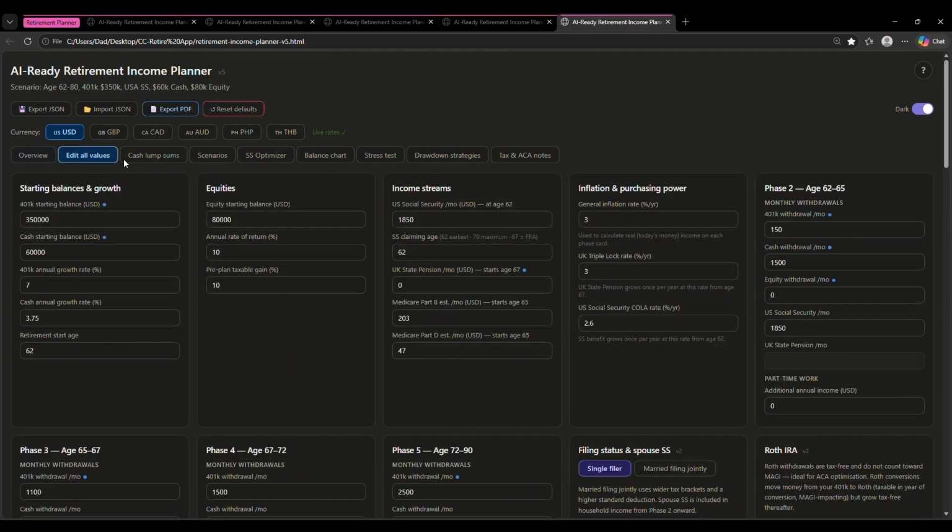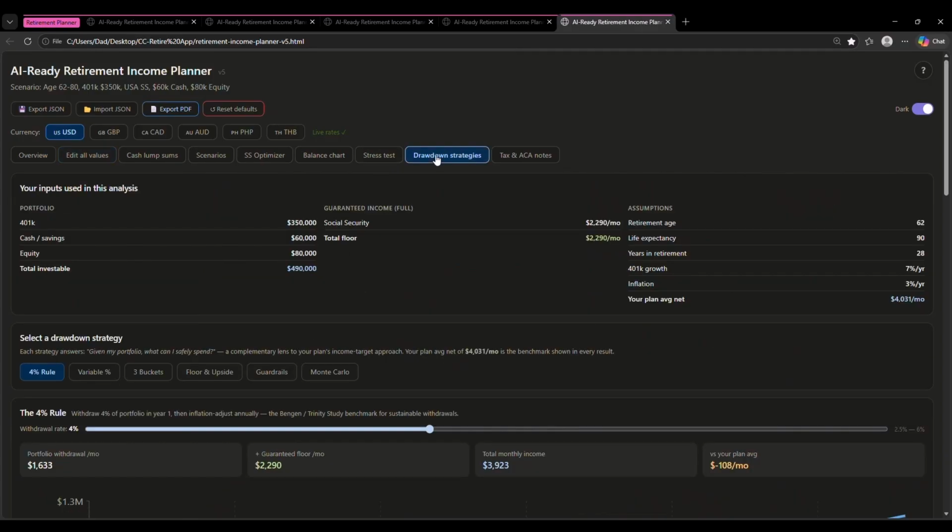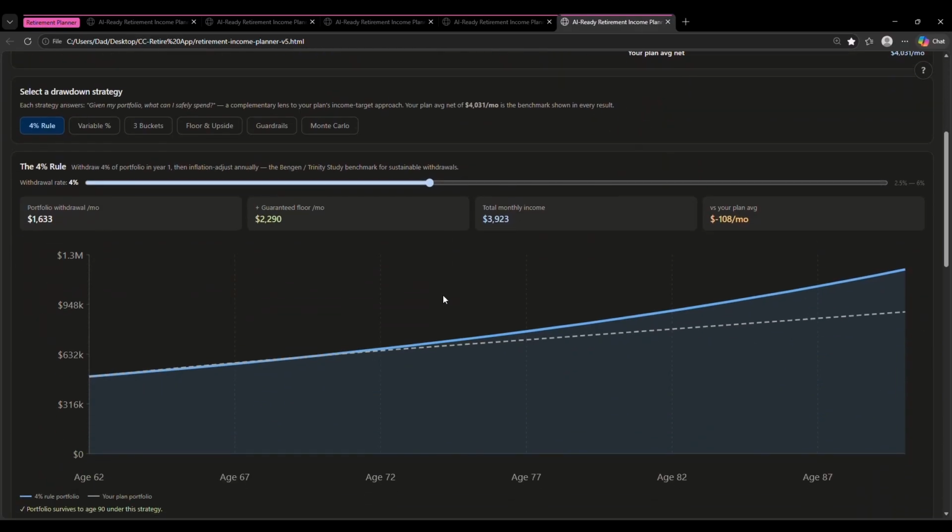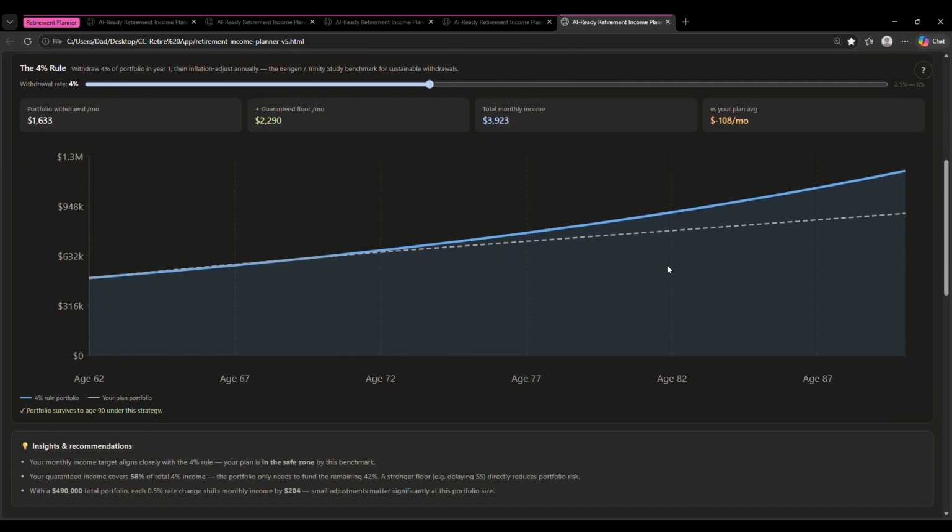So when we adjust now to age 65, we're going to put 2,290 a month in there, and then we'll look at our drawdown strategy again. Now remember, before it was like 760, we were overspending, and now we're only overspending by $108 a month, which is actually much healthier.